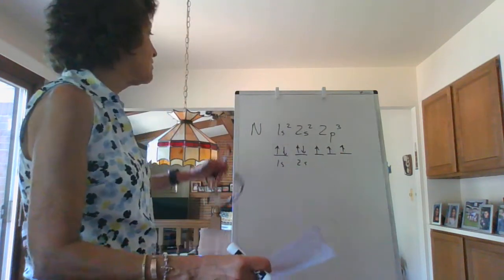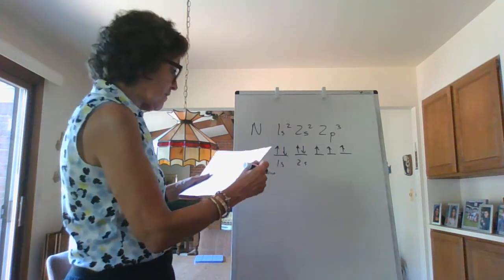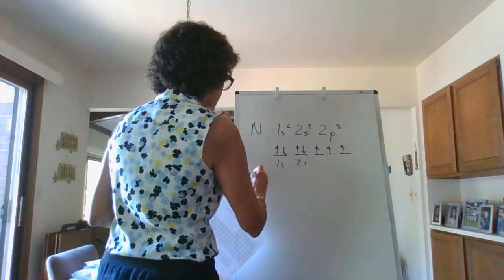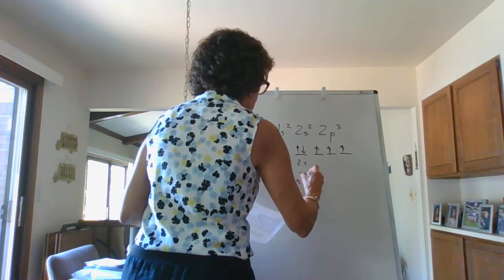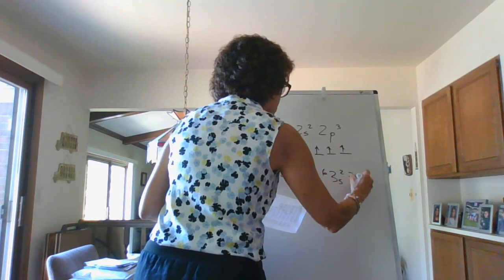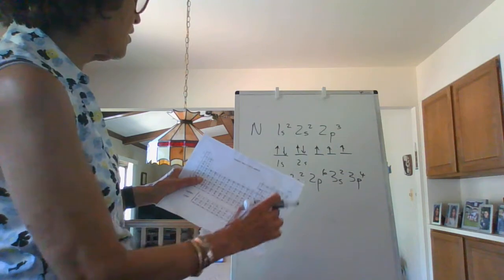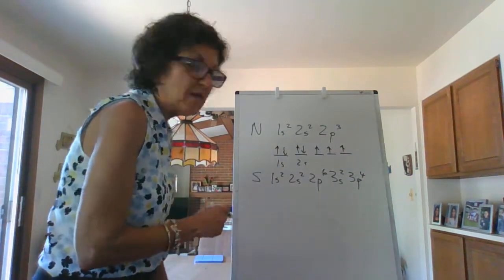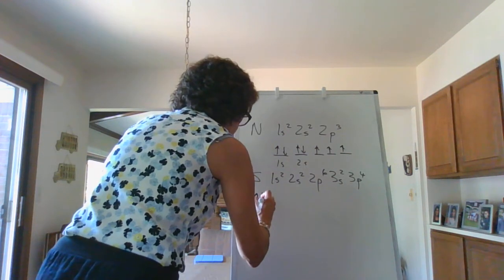Well, let's say we want to do the orbital diagram for sulfur. So sulfur would be 1s2, 2s2, 2p6, 3s2, 3p4. Sulfur, oxygen, selenium, they all end in p4. You could also do the noble gas, make your life easier, but let's go ahead and do this since it's good practice.